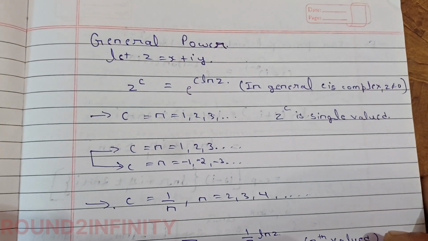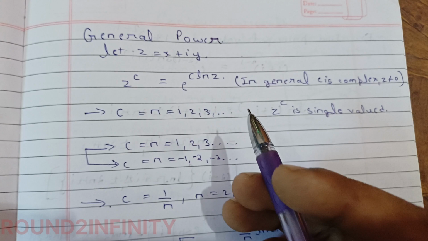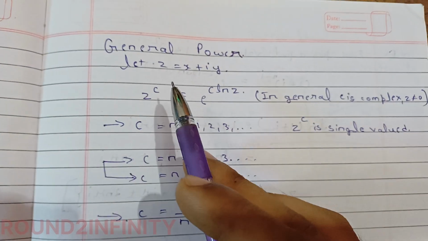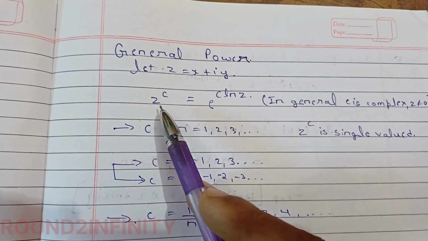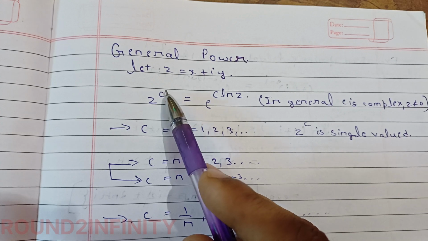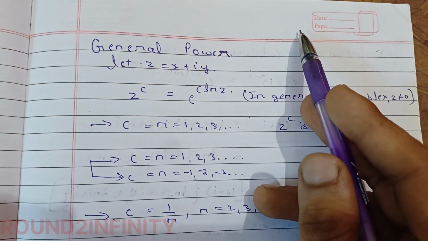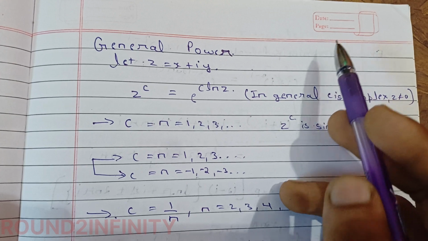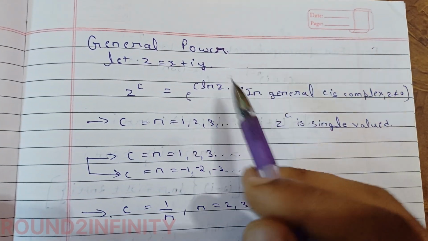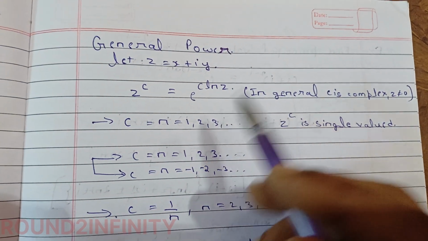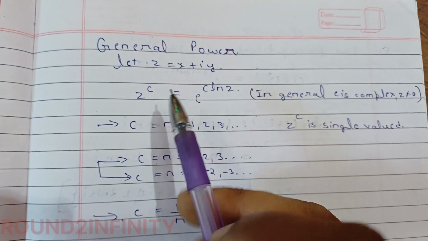Now, as we have already seen many functions, let's see general powers. If there is a complex power of z, z to the power c, you sometimes get iota to the power iota, or iota to the power 3 plus 4 iota. How do we solve these kinds of numbers?